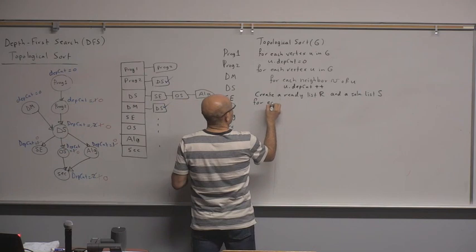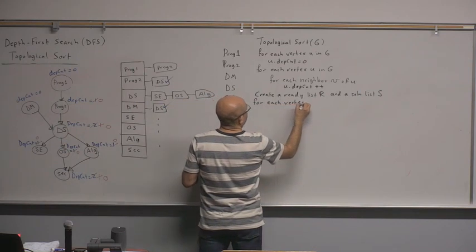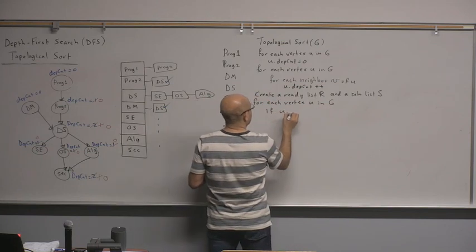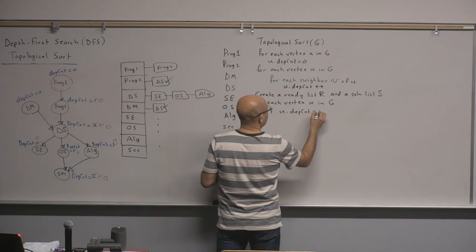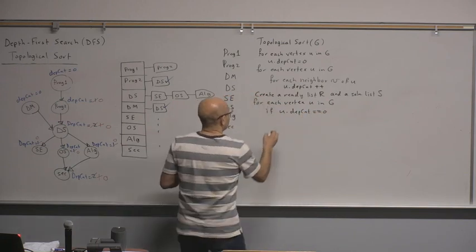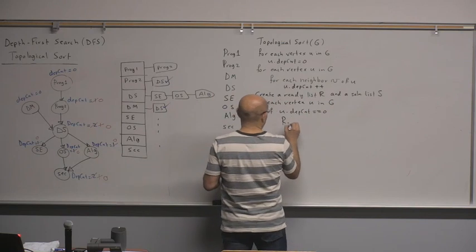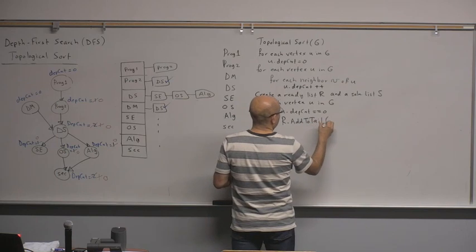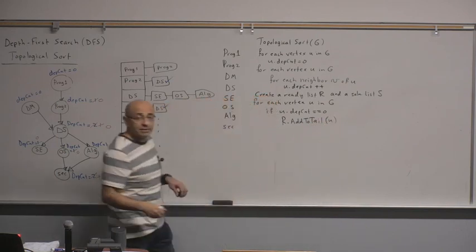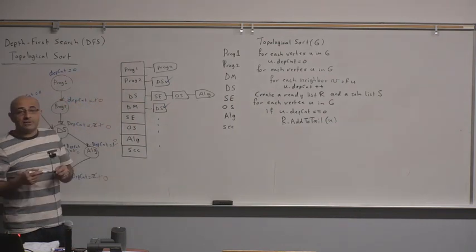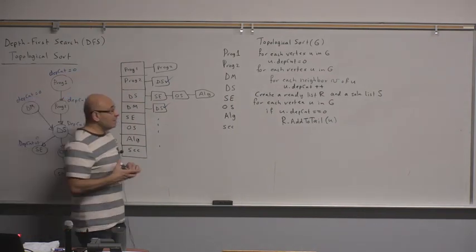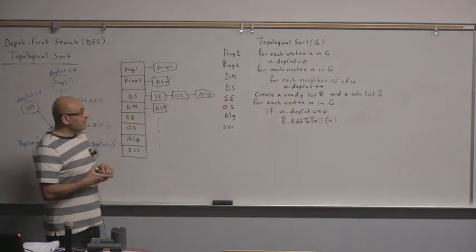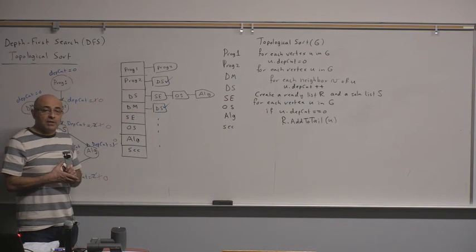So for each vertex u in G, if u dot dependence count equals 0, we put R dot add to head or add to tail, it doesn't matter, of u. So we put it in the ready list. So all we have done is to just calculate the dependence count for every vertex, and identify the vertices with the dependence count of 0 and put them in the ready list.